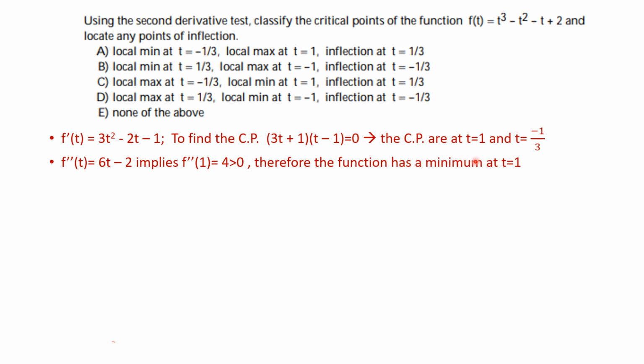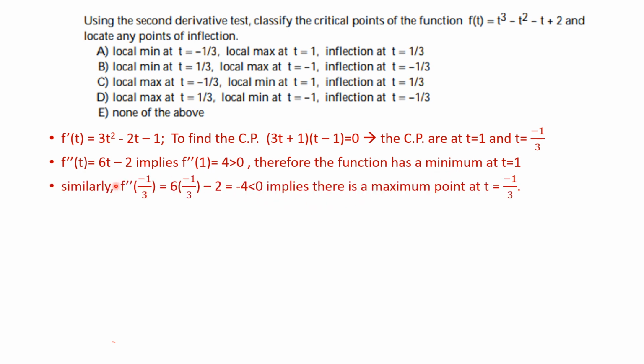Let us check at t equals negative 1 over 3. So f double prime of negative 1 over 3 equals 6 multiplied by negative 1 over 3 minus 2, and that will be equal to negative 4, which is less than 0. It implies that there is a maximum point at t equals negative 1 over 3.